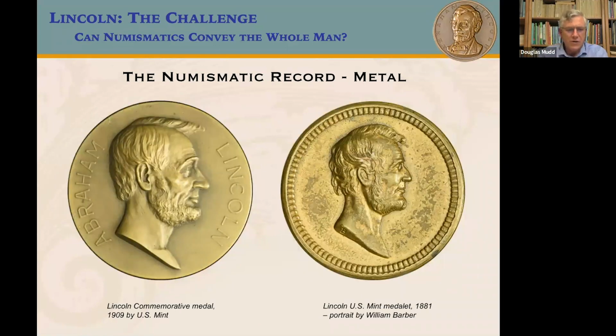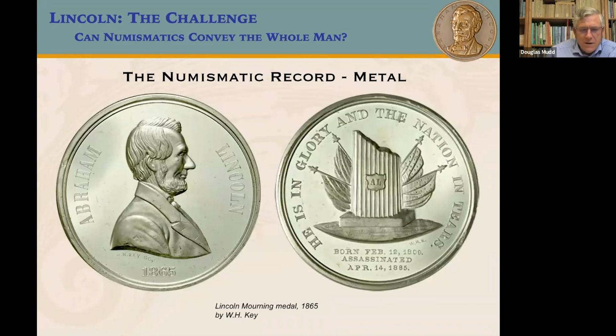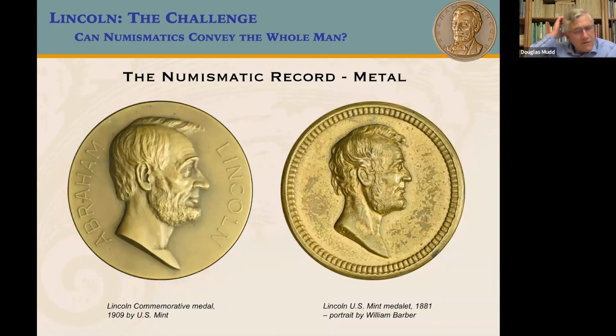We move on to our Lincoln Commemorative Medal of 1909 by the U.S. Mint. And here is another variation. You can compare that with the earlier medal. Here you have a very human looking Lincoln, realistically done from towards the last year of his life.